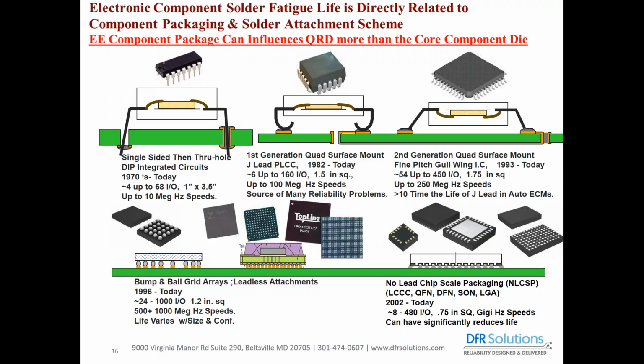Now, when these parts were wave soldered, the wave would fill up the entire length of the copper-plated through-hole barrel. And this produced a big slug of solder that made for a much stronger solder joint, 10 to 15 times more durable than what we had before.